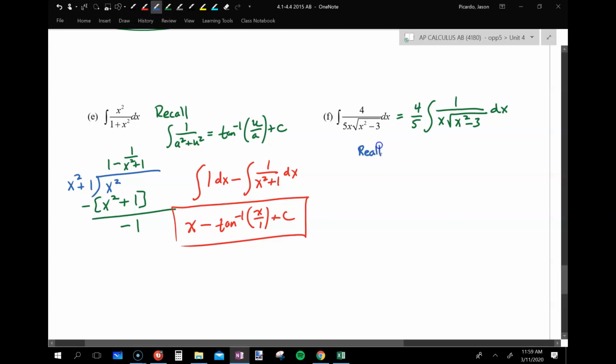Recall that the integral of, I'm going to write it this way. Is that one, right?